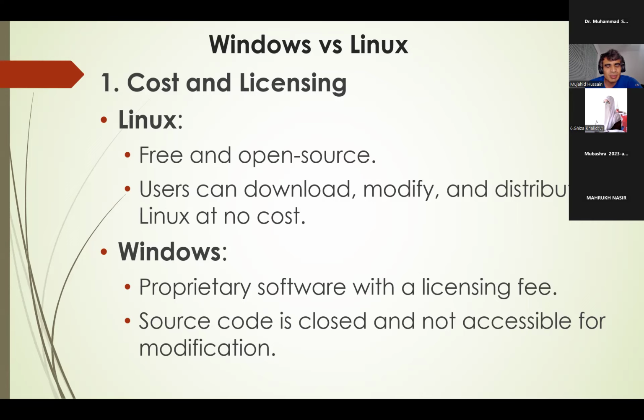It has a limitation: you need to purchase Windows first, and then operate it as it has been developed by Microsoft. You cannot customize it, so whatever Windows provides, you have to rely on it.